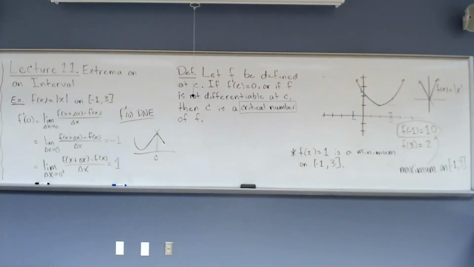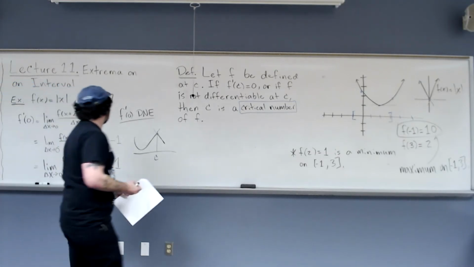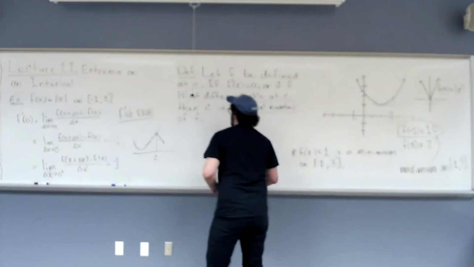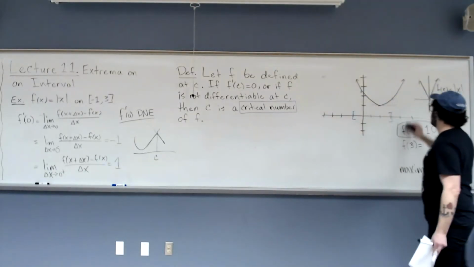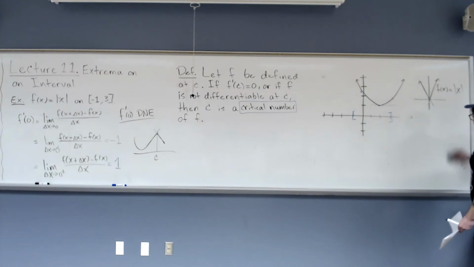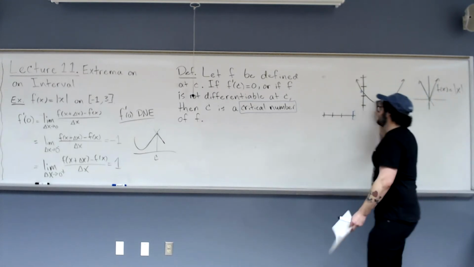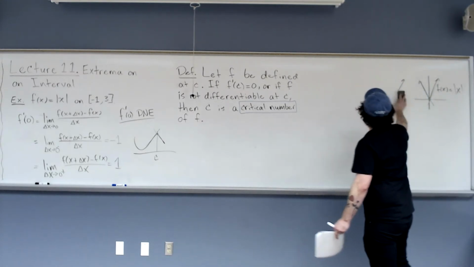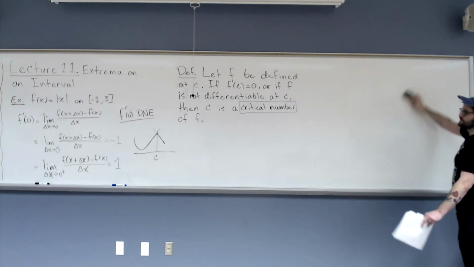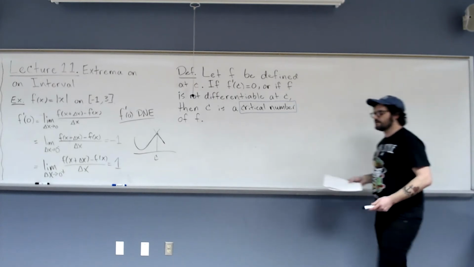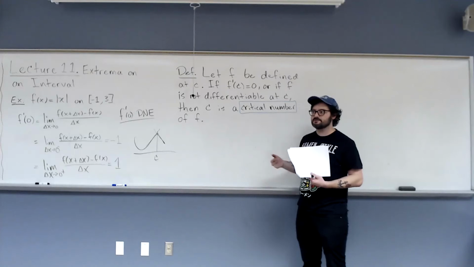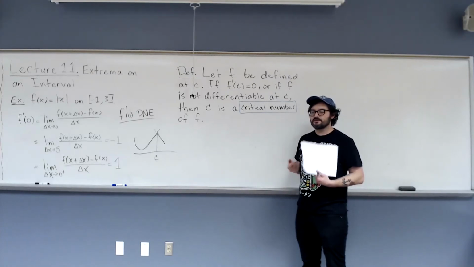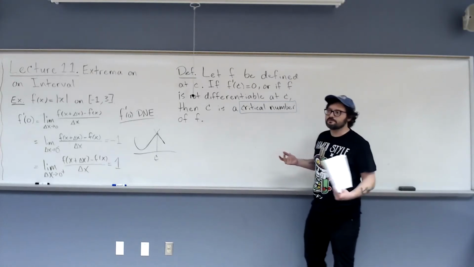So with that being said, with this definition, let's list out a technique for finding minimums and maximums of a continuous function on a closed interval. Again, recalling the extreme value theorem, we know minimums and maximums are going to exist for continuous functions on closed intervals. So we can find them.